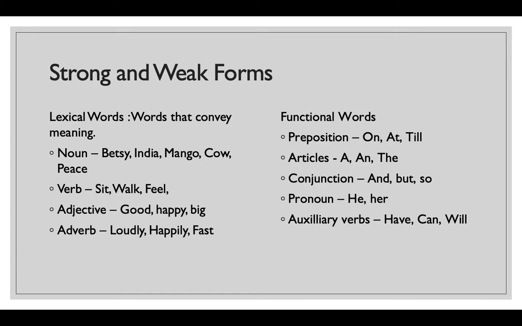Like, for example, nouns, verbs, adjective, adverb. അതിൻ്റെ ഉള്ളിലൊരു മീനിങ് അടങ്ങിയിരിക്കുന്നുണ്ട്. It can be the name of a person, it can be the name of a place, it can be the name of a thing or an animal, അല്ലെങ്കിൽ ഒരു quality. Like, for example, mango, cow, India, Betsy, peace. ഇതൊക്കെ nouns ആണ്. And നമ്മളൊരു സെൻറ്റൻസ് പറയുന്ന സമയത്ത് these words will always be stressed well.